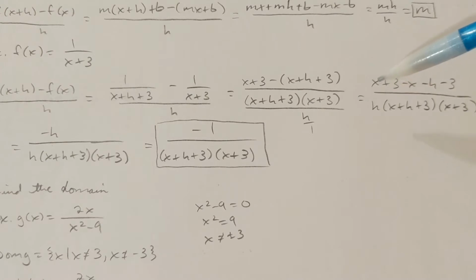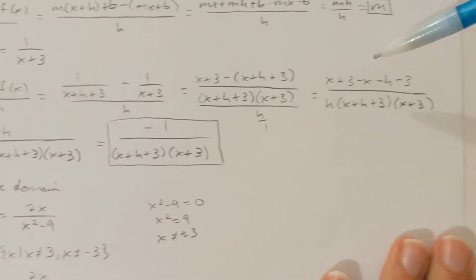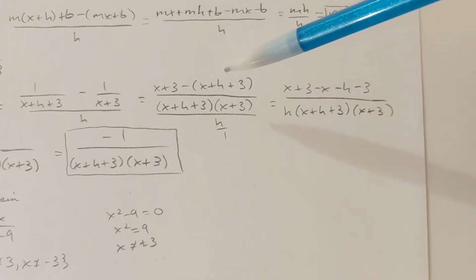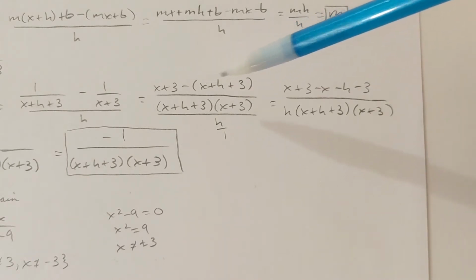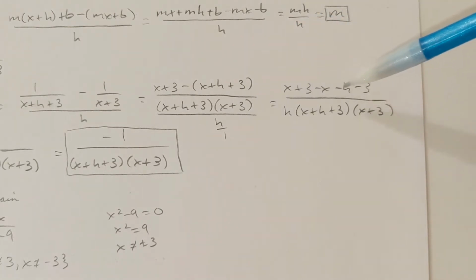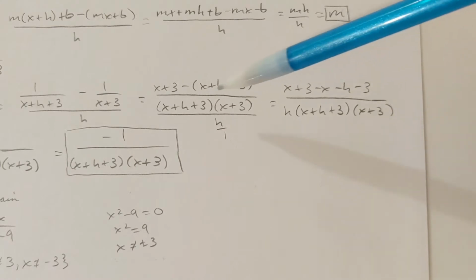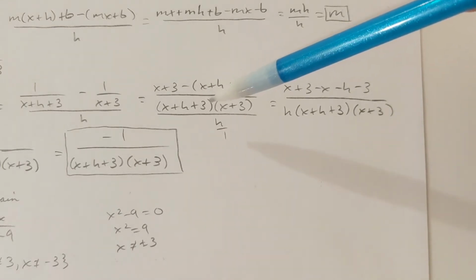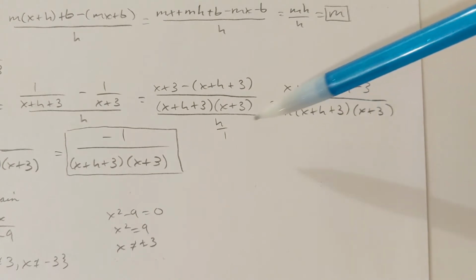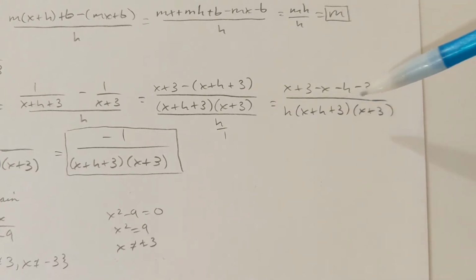Okay? So let's see here. When I distribute the negative sign in the numerator, x minus x, those are gone. 3 minus 3, those are gone. And that's going to leave me with negative h divided by x plus h plus 3 times x plus 3, all over h over 1. Now the h over 1, I'm going to flip that.